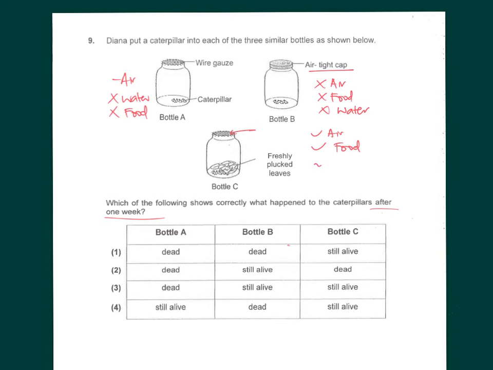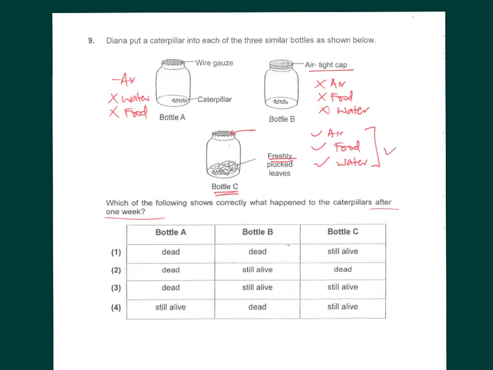In fact, it does have water as well because the freshly plucked leaves contain water. So bottle C is the only one that meets all the three requirements for the survival of living things. So in this case, you will expect the caterpillar to be able to survive here.